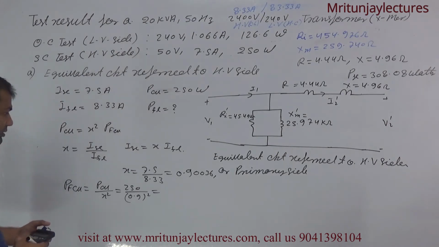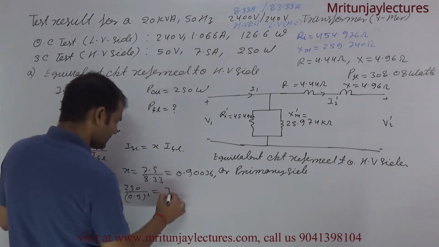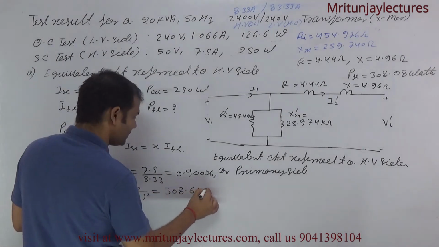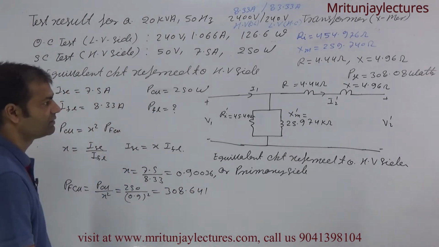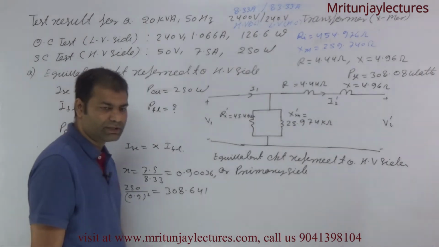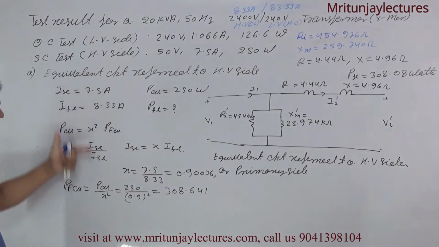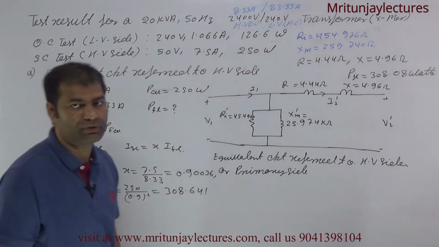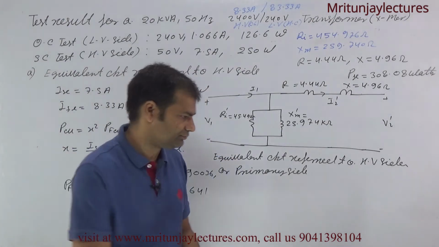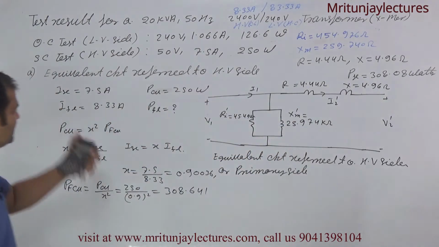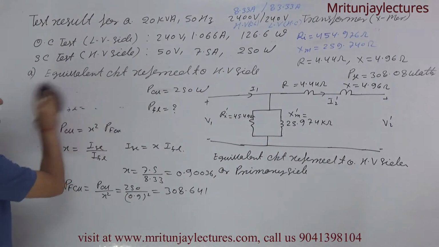That is 308.641, the same result as this one. Okay, it is clear, you can also determine full load copper loss with another method, with the help of this formula.